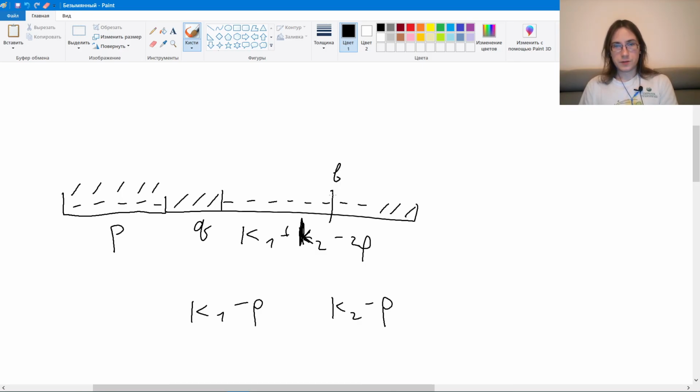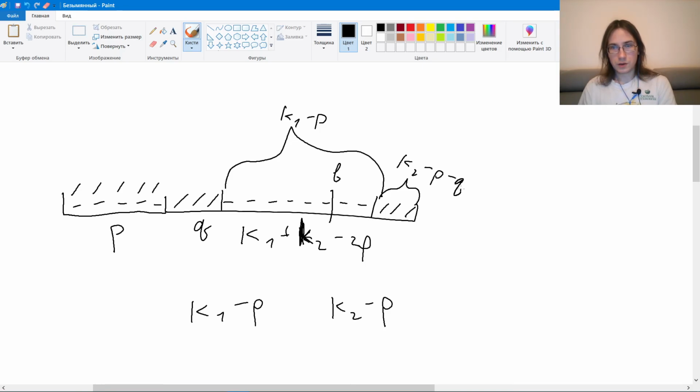Then there will be this amount, k1 minus p, consecutive numbers to which we apply only the subtraction, and then there will be the remaining k2 minus p minus q consecutive numbers to which we apply again only the division.